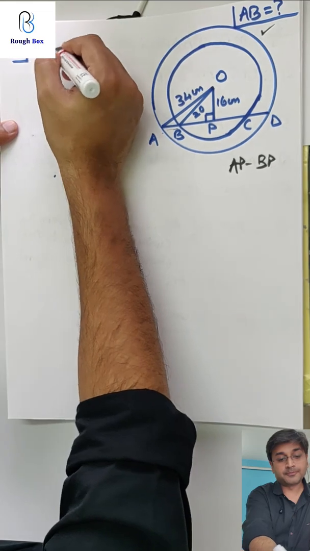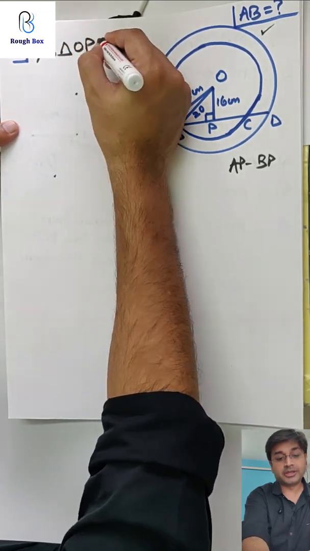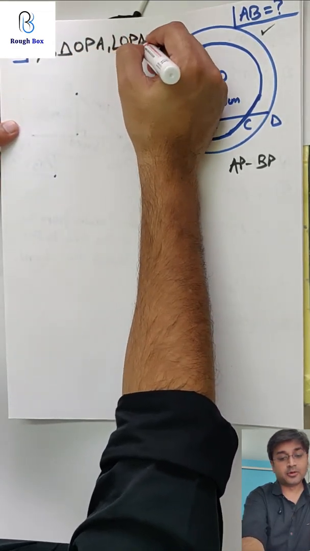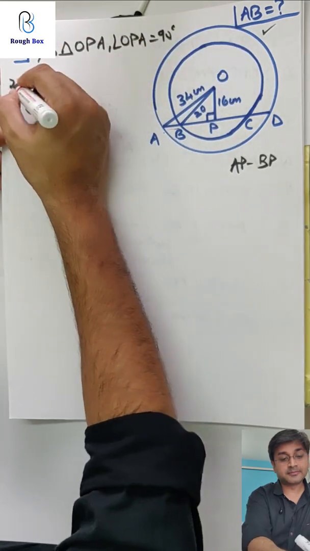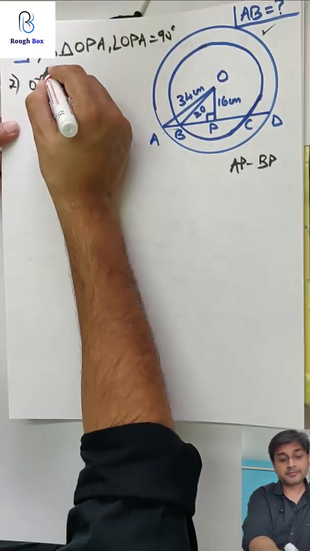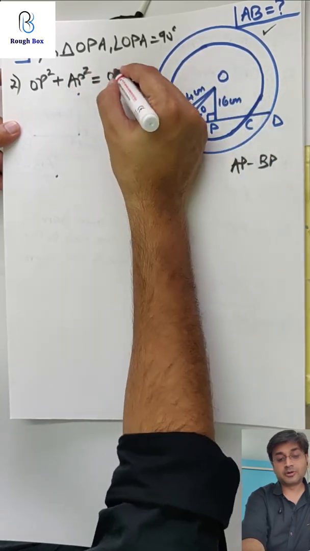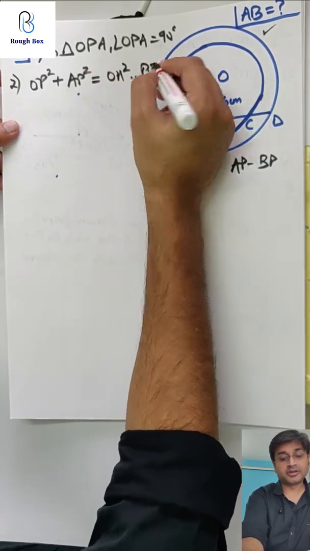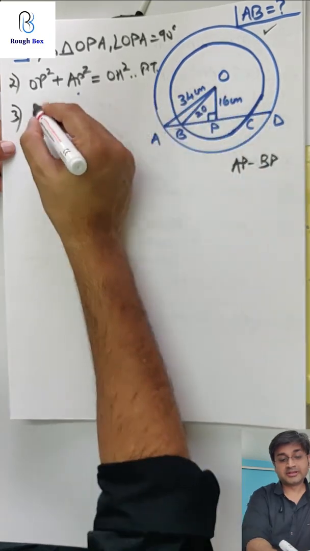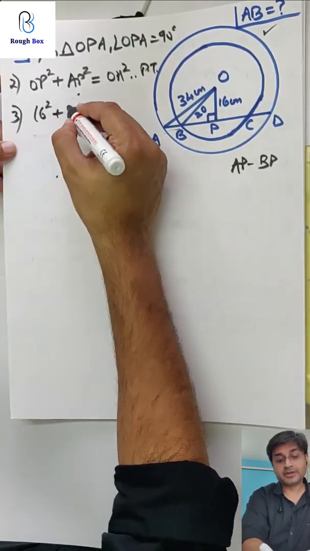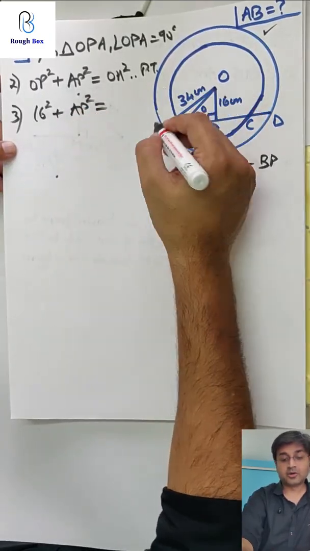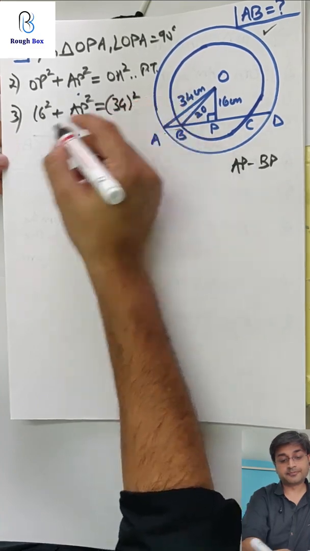So step 1, in triangle OPA, angle OPA is 90 degrees. You will get OP squared plus AP squared is equal to OA squared. Pythagoras theorem. So OP is 16, AP is unknown and OA is 34.